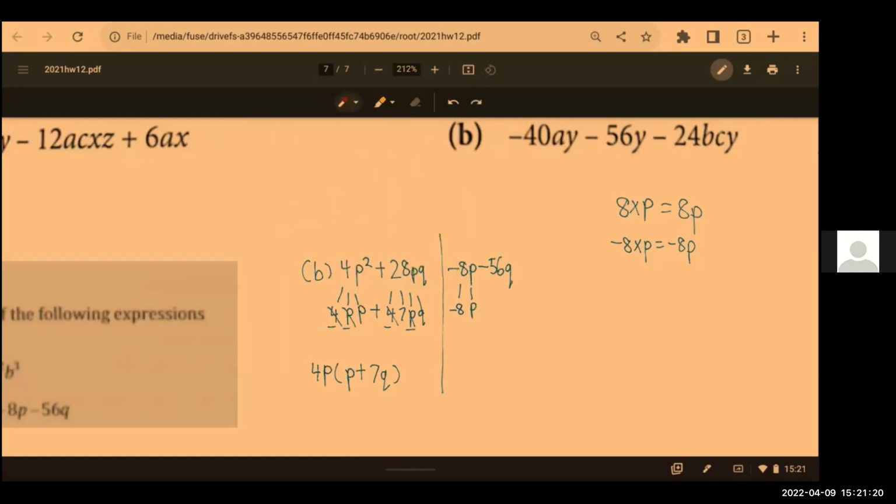Do it. Underline the term first. First and second term. First and second. With the sign or without the sign? Okay, good. Go.